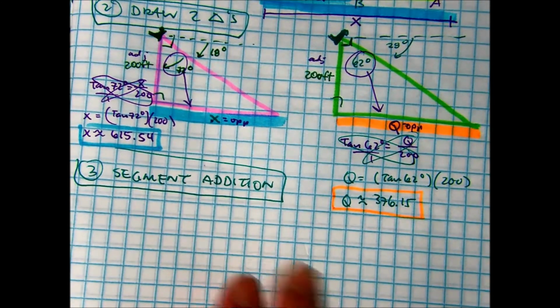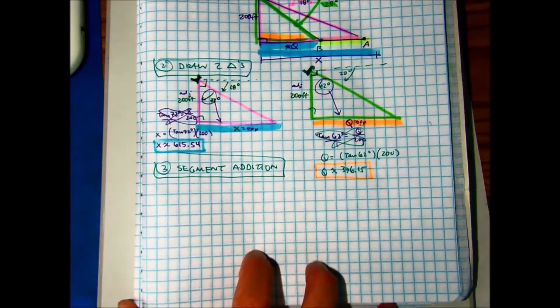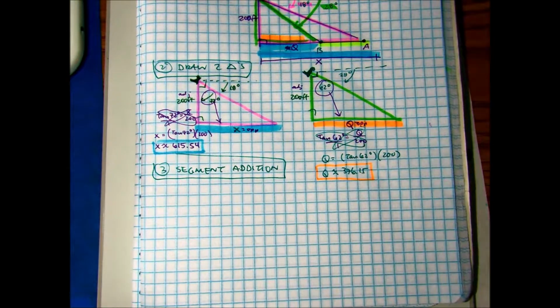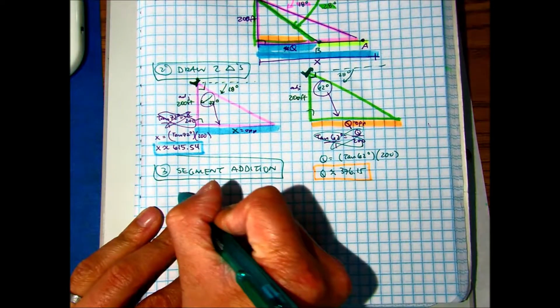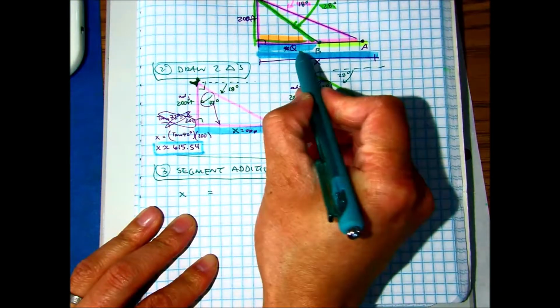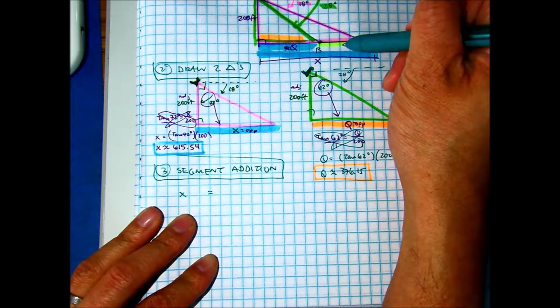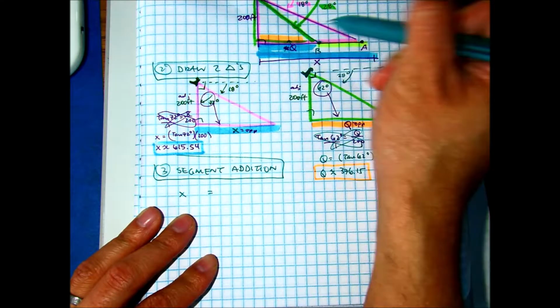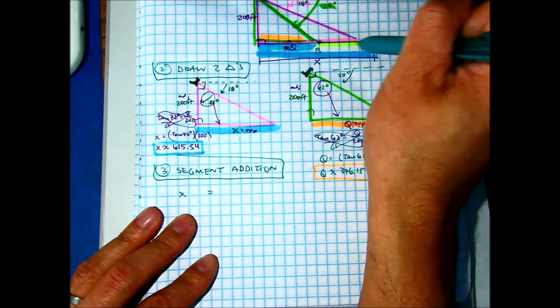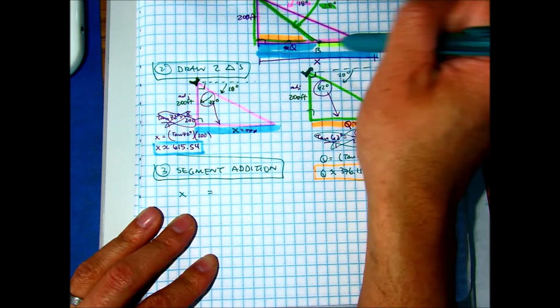Segment addition postulate says this. The whole x is equal to q plus, q is in orange. Did we call this one a length? We'll call it y.